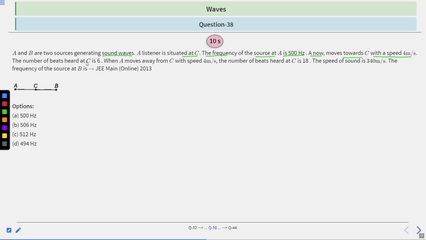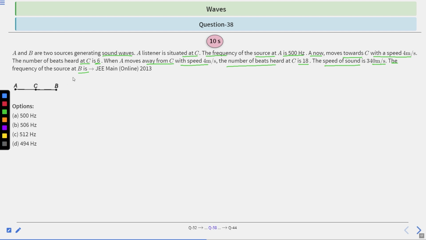The number of beats heard at C is 6. When A moves away from C with speed 4 meter per second, the number of beats heard at C is 18. The speed of sound is 340 meter per second. The frequency of the source at B is what?